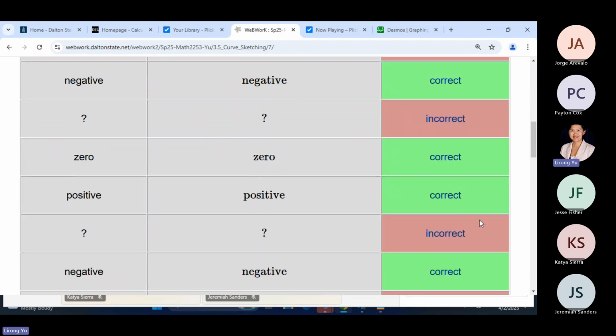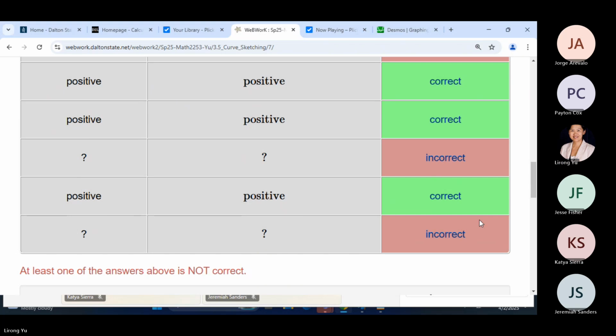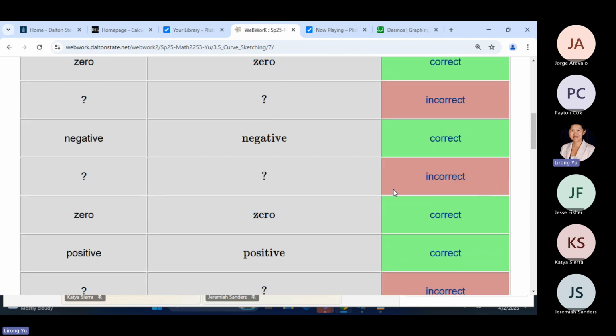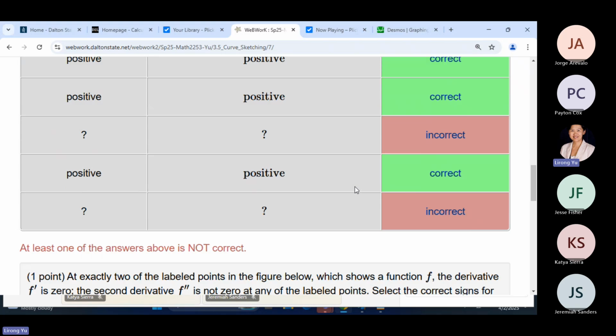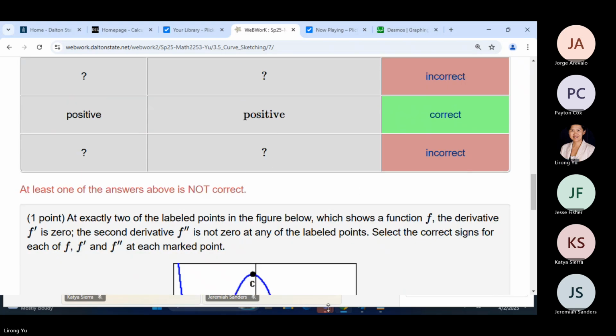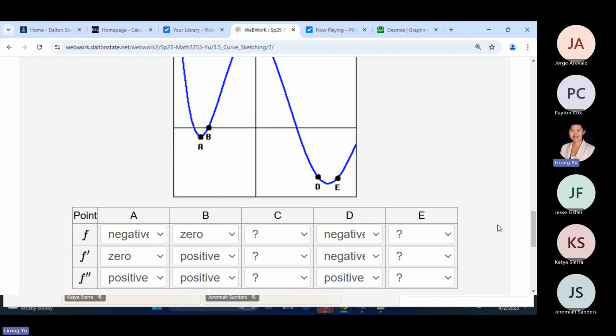You can try to answer the rest of them. The ones I didn't answer are still blank, but I think the ones I did answer were okay. I hope that answered your question. And this is a pretty typical example of how we identify the relation between the derivative, function value, and the graph.